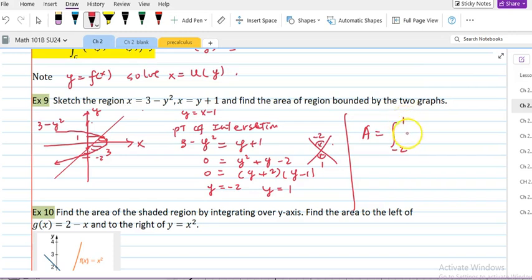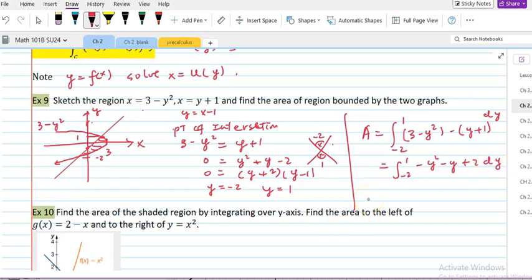Then my left curve is 3 minus y squared, and my right is y plus 1. And then I do dy, because the area looking at it is horizontal. So combine like terms: negative 2 to 1 of negative y squared minus y, so 3 minus 1 is plus 2, dy.